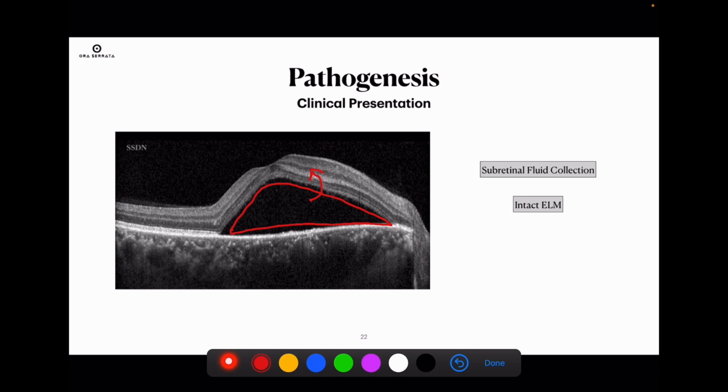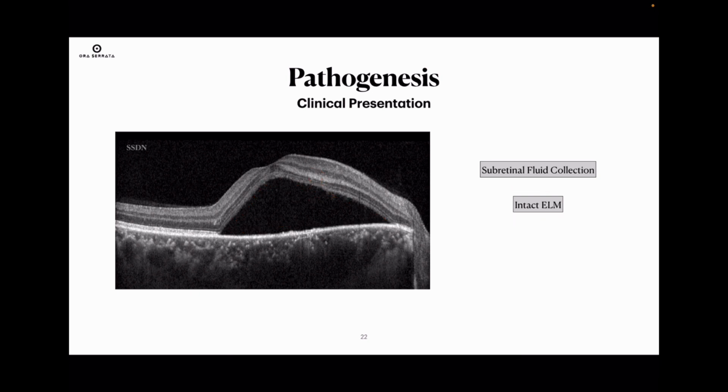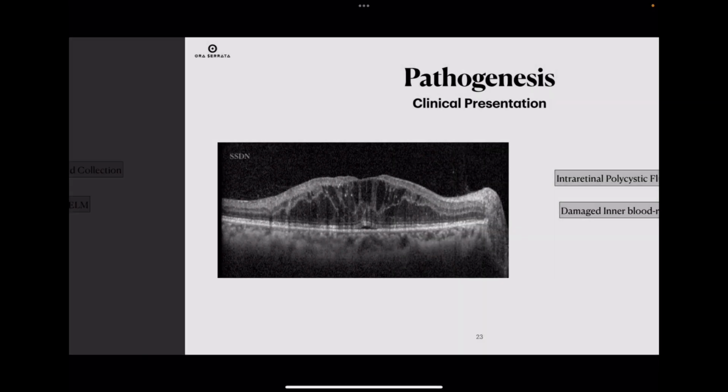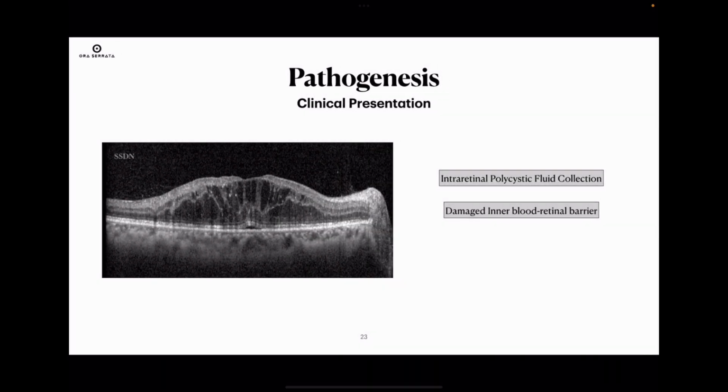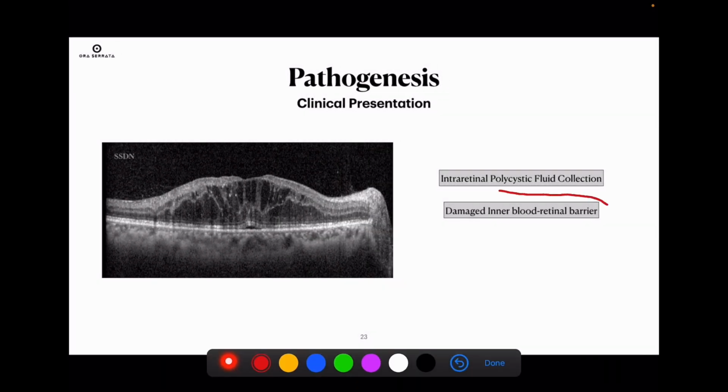This mainly happens because in acute cases of CSR, the external limiting membrane is intact. Thus, the fluid is limited to the subretinal space. However, what happens in diabetic macular edema is that there is a breakdown in the inner blood retinal barrier. So even though the external limiting membrane is intact, there is fluid collection in the inner retina.